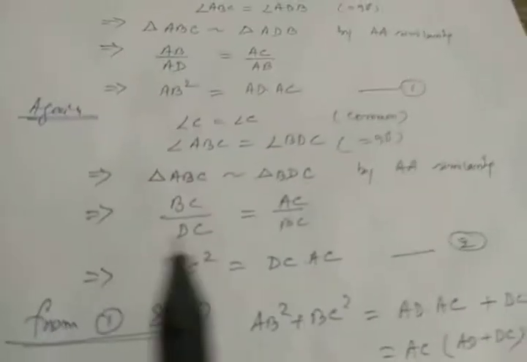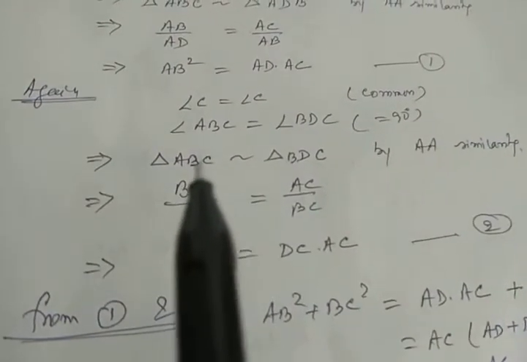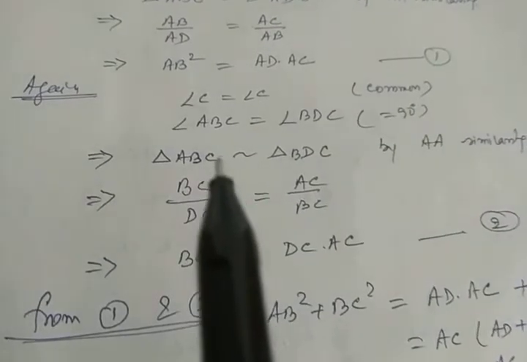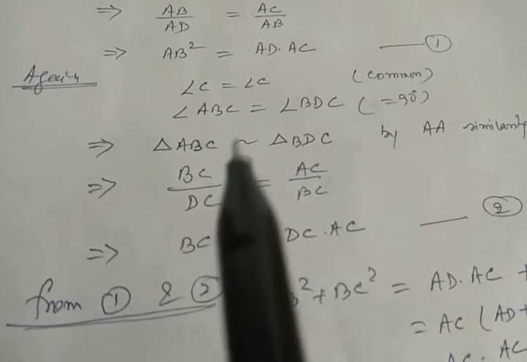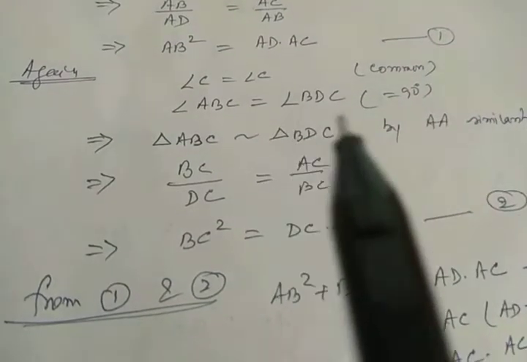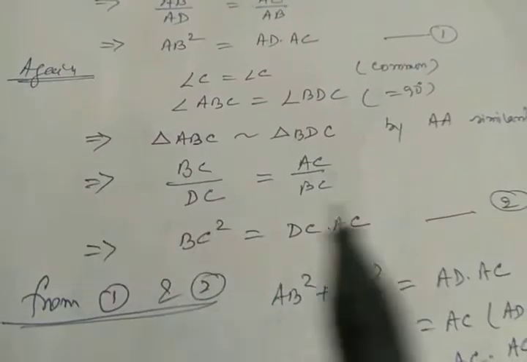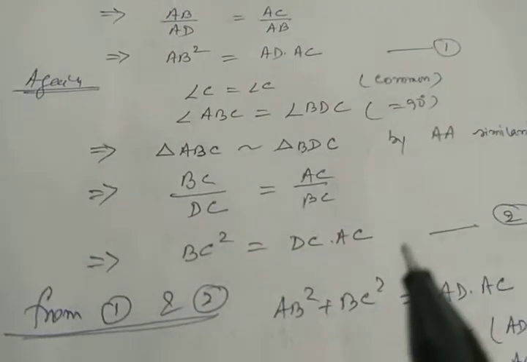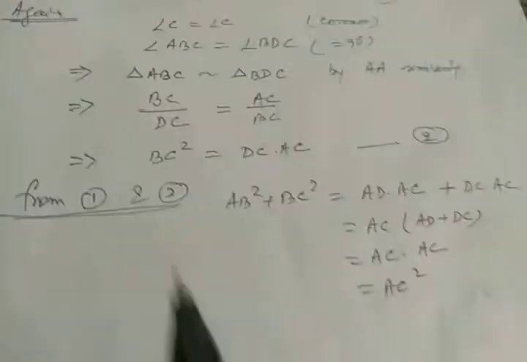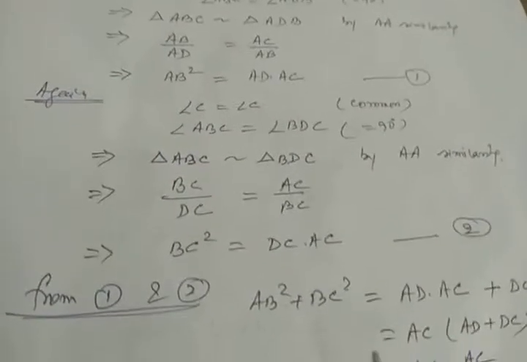Now take the ratios. See here BC by DC and AC by BC. So if you do the cross multiplication, BC square is equal to DC into AC. Now from 1 and 2, you will add simply AB square plus BC square.